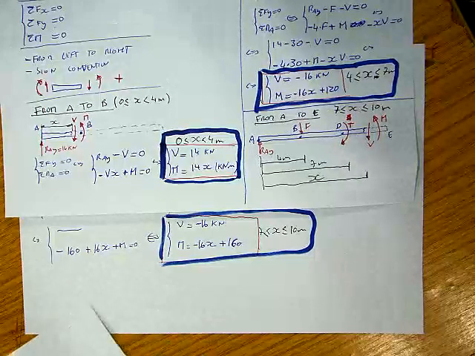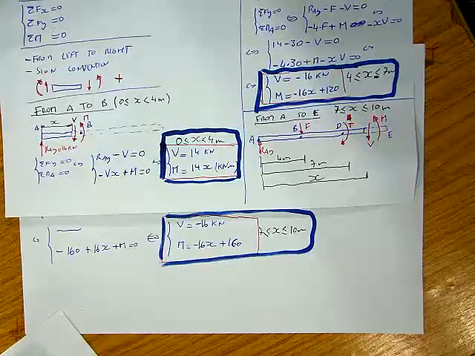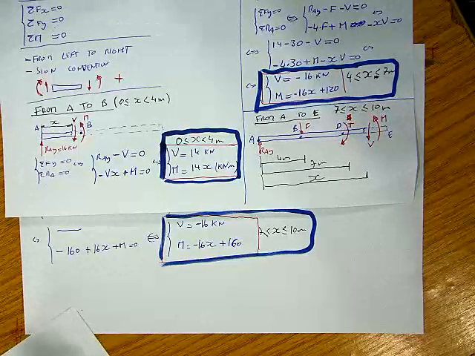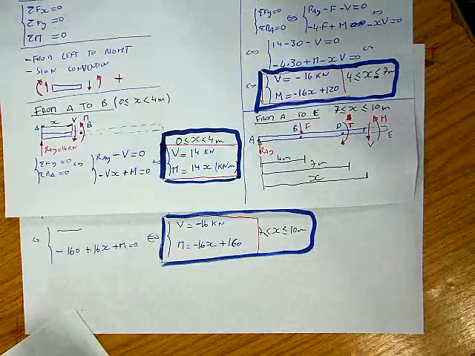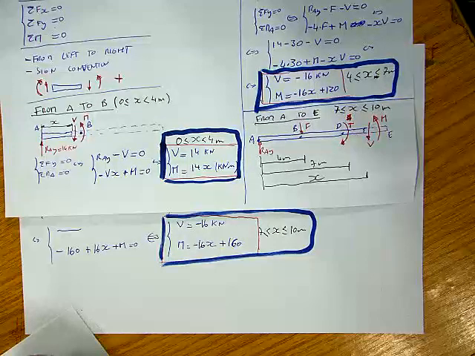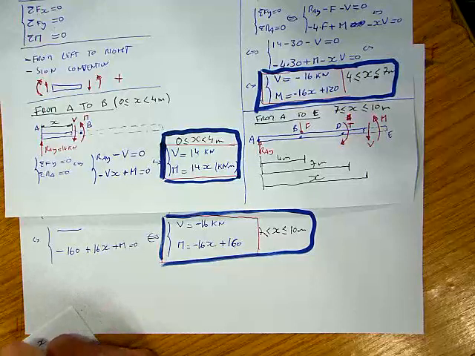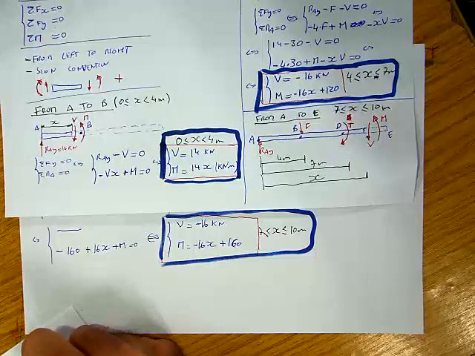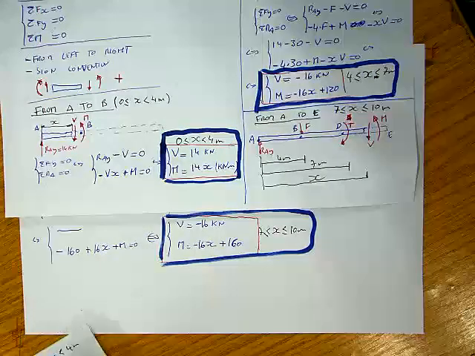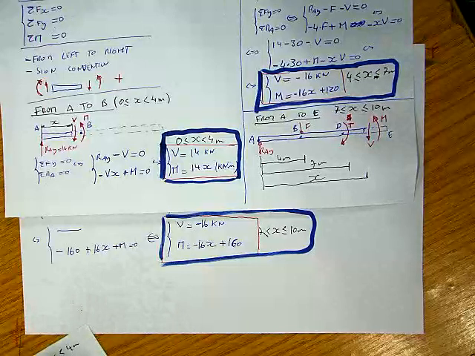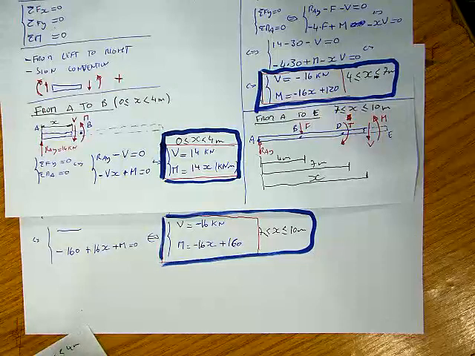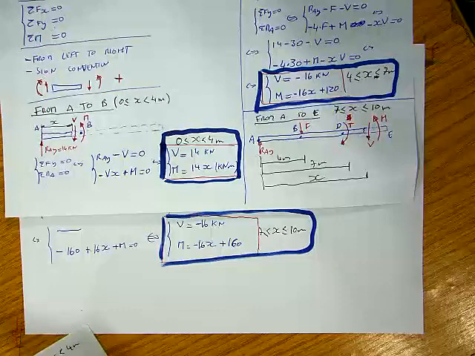And the other thing I have is the bending moment, M is equal to, now M is 3 rows, 14x in kilonewton meter for 0 smaller or equal than x smaller than 4 meter. It's going to be minus 16x plus 120 kilonewton meter.